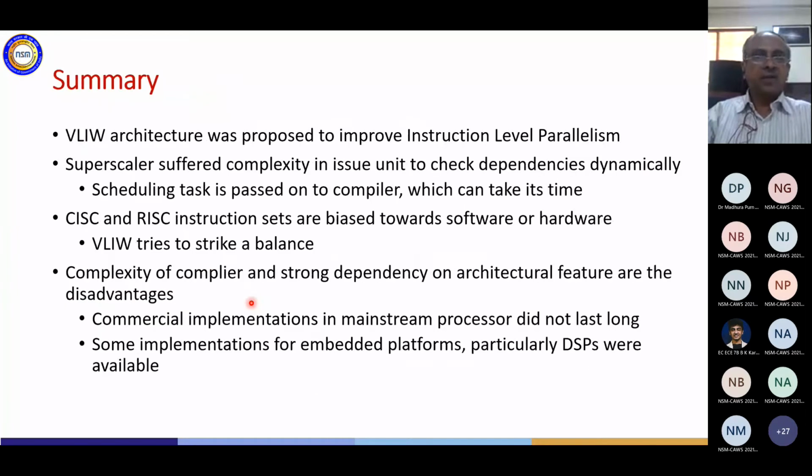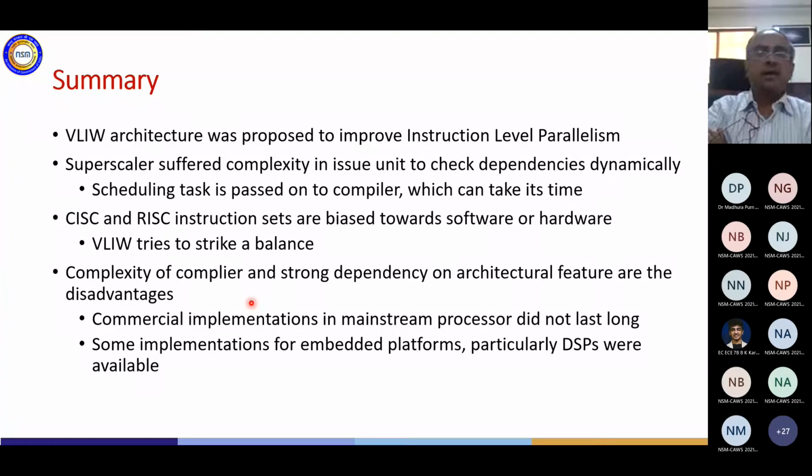So to end, I missed the time target by maybe 7 minutes, due to questions. Doesn't matter. Giving you all this knowledge was more important than taking a little more time. So the VLIW architecture, as I mentioned, was made to improve instruction level parallelism.